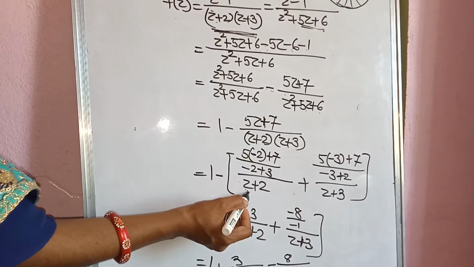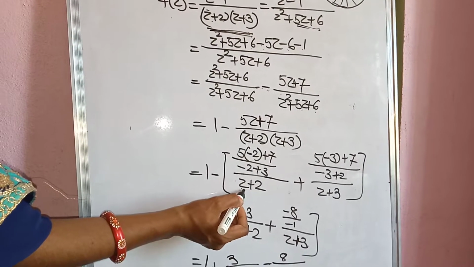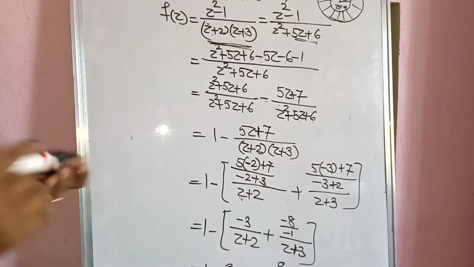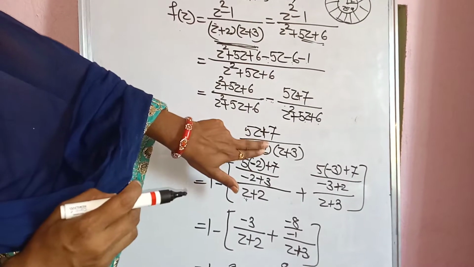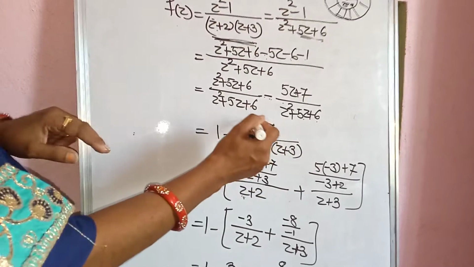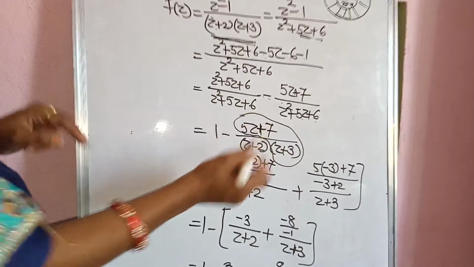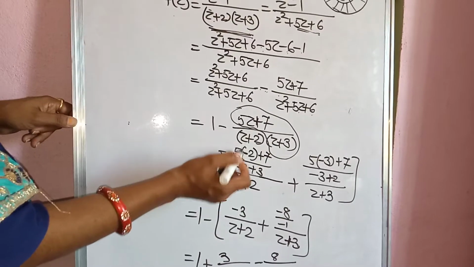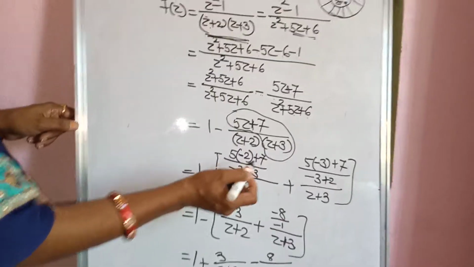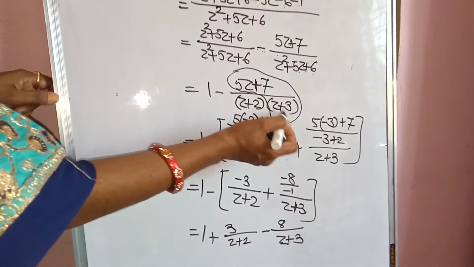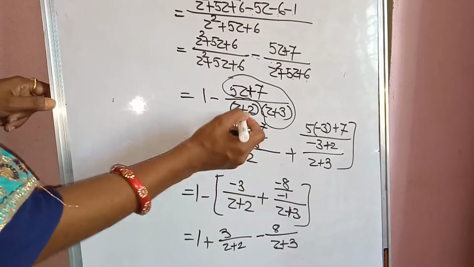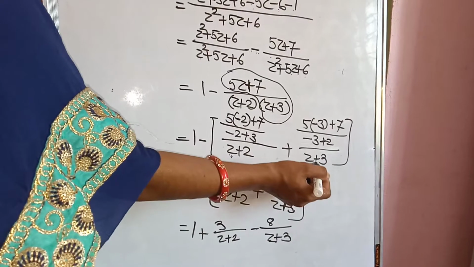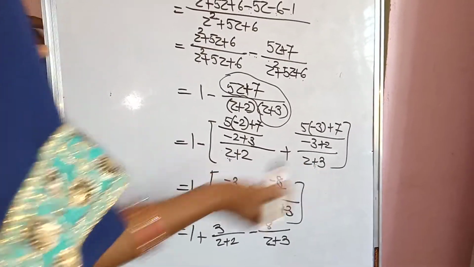Observe that the factor z plus 2 will be 0 if I put z equal to minus 2. So hiding this factor, in all the remaining terms I substitute z equal to minus 2, giving (5 into minus 2 plus 7) by (minus 2 plus 3), divided by z plus 2. In the same way, the factor z plus 3 will be 0 if I put z equal to minus 3.